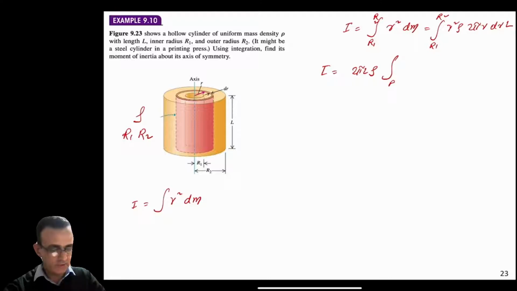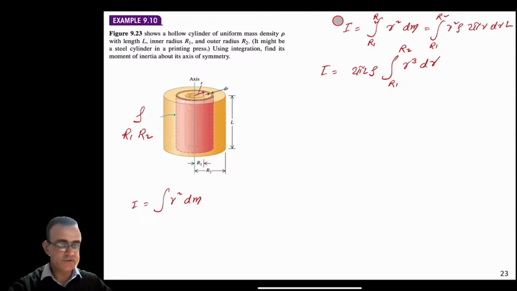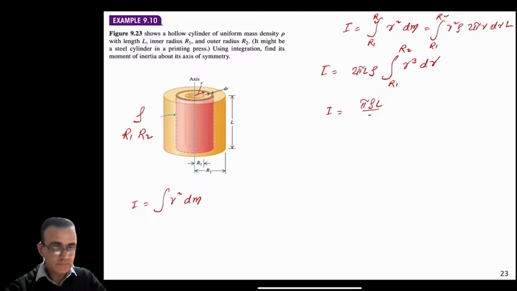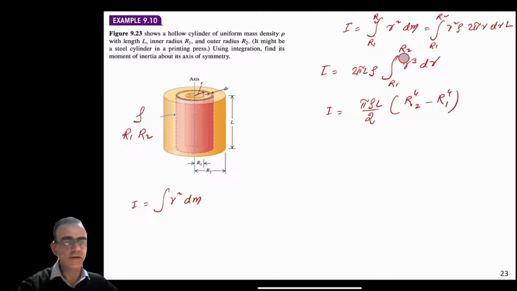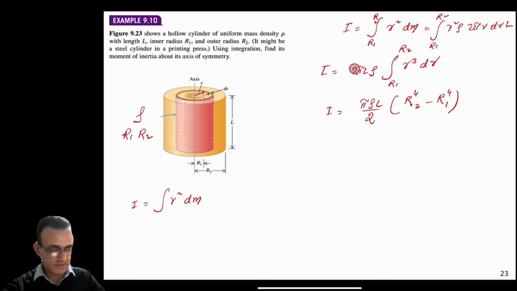The only thing left inside the bracket, inside the integral, will be r cube into dr. If you just do this integration here, you will get this equation here.